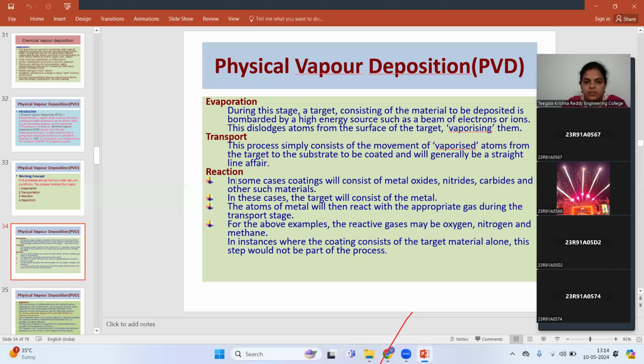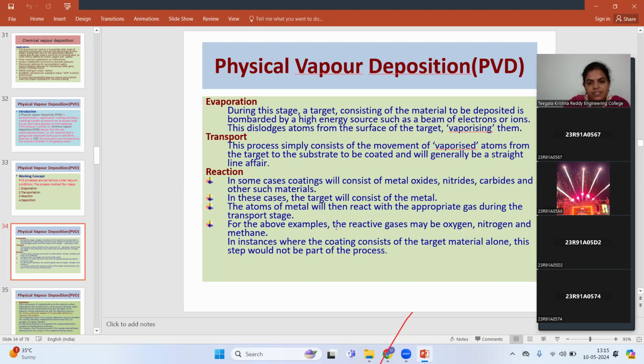And the third stage is the reaction stage. In some cases, coatings will consist of metal oxides, nitrides, carbides, and other such materials. In these cases, the target will consist of the metal. The atoms of metal will then react with the appropriate gas during the transport stage.